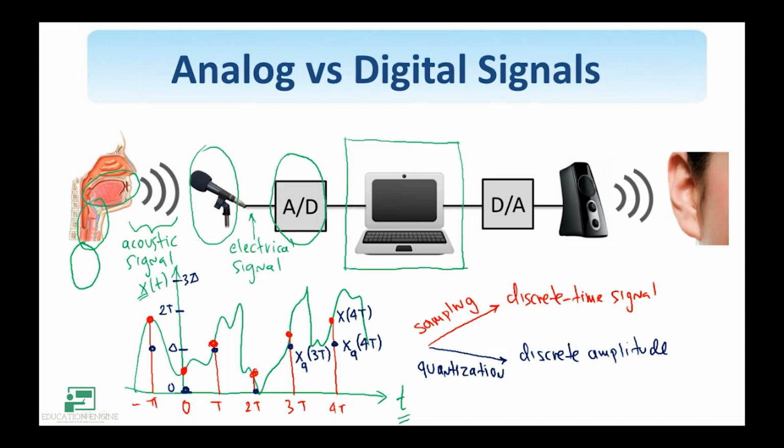So clearly, quantization introduces an error. After both sampling and quantization, I end up with a signal that has both its independent variable as well as its amplitude represented by discrete values. And such a signal is called a digital signal.